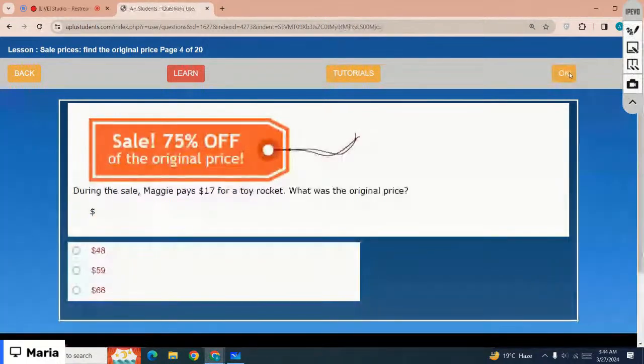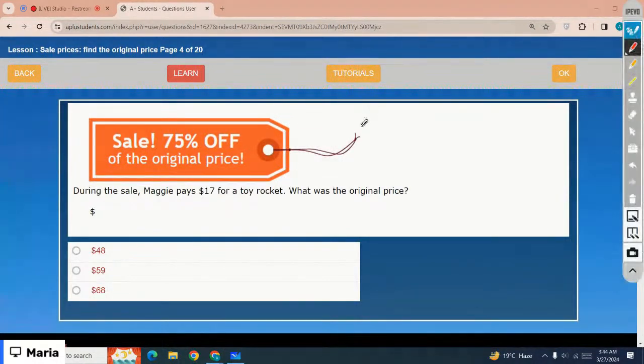During the sale, Maggie pays $17 for a toy rocket. What was the original price? You need to calculate the original price. It is on 75% off, so you paid the rest, the 25% amount. So you have to do 25% times the original price, and you paid $17.